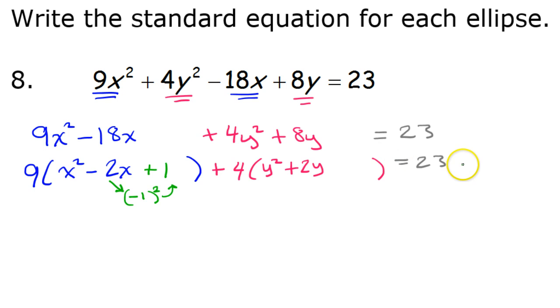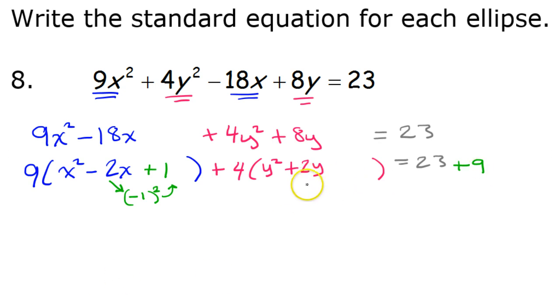You might think I would add a 1, but you'd be wrong. Because I didn't really just add a 1, I added 9 times 1. I really added a 9. You have to imagine doing the distributive property. What looks like a 1 is really a 9. So I need to add 9 to the right hand side.